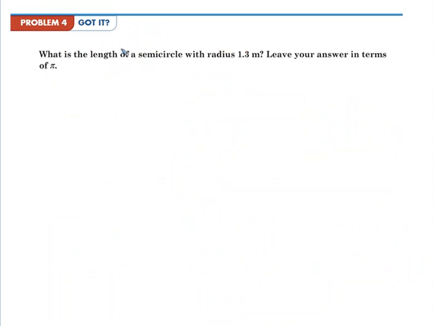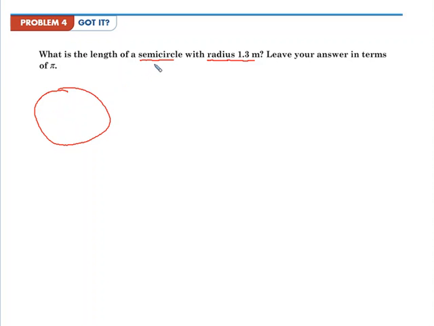We've got one more problem to look at. This time there is no diagram, but it does say in words that we want to find the length of a semicircle where the radius of the semicircle is 1.3 meters. Once again, we're asked to leave our answer in terms of pi. Okay, well, let's actually draw a model of that circle.